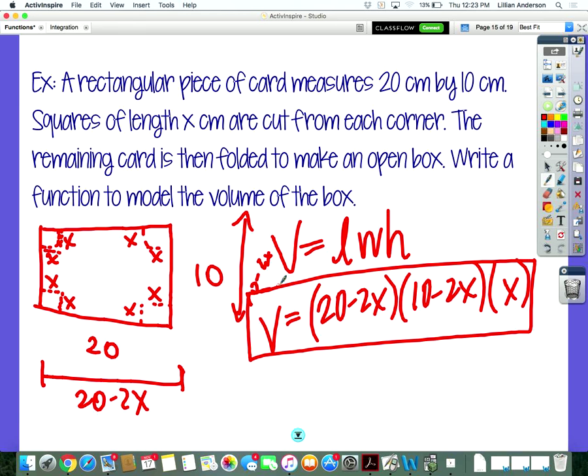Which also represented the height. Remember, it represented the height of the box. That's what we plugged in for h. So if you ever had to use this to solve later on, when you solve for x, you would be finding the height of the box, all of it with respect to the volume.